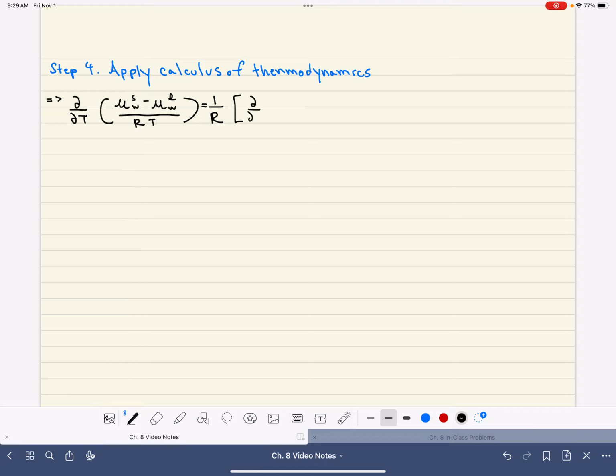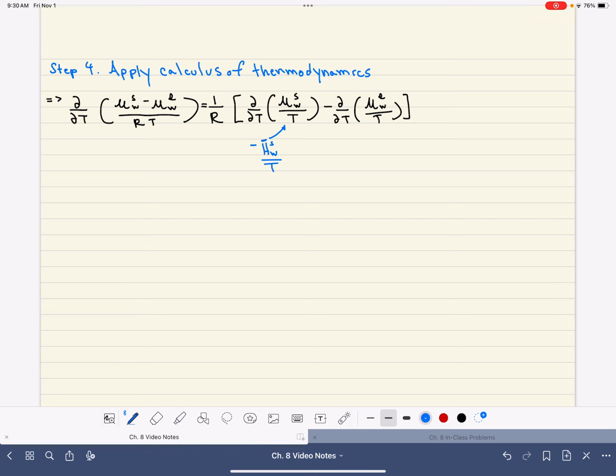So d/dT of mu_w solid over T minus d/dT of mu_w liquid over T. All right, so we have this expression, and if you remember, the partial derivative of the chemical potential with respect to temperature, by definition, is actually the partial molar enthalpy of water over temperature.